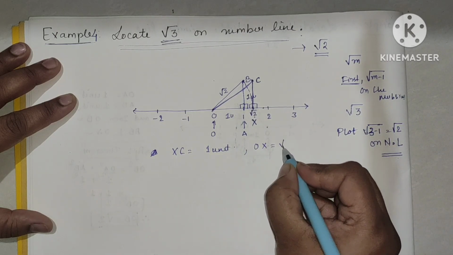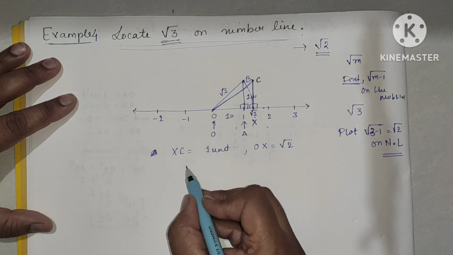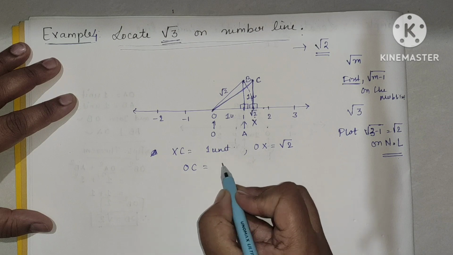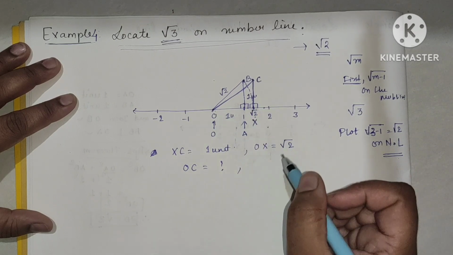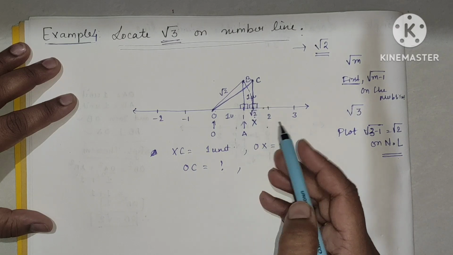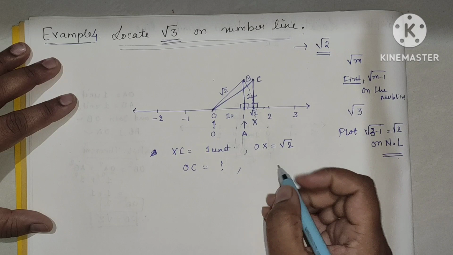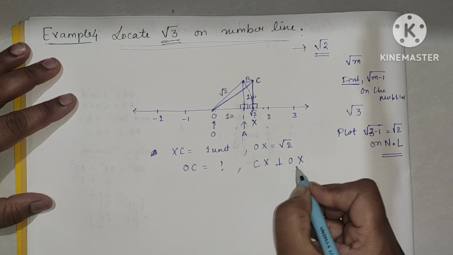OX is equal to root 2, and you have to find OC. But before that, we'll see which kind of triangle it is. Obviously it is perpendicular, so a right angle triangle. So CX is perpendicular to OX.